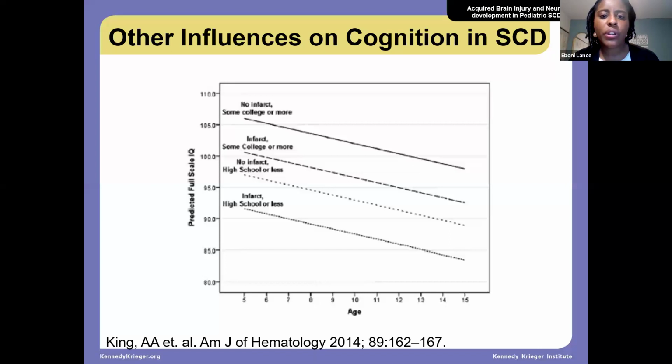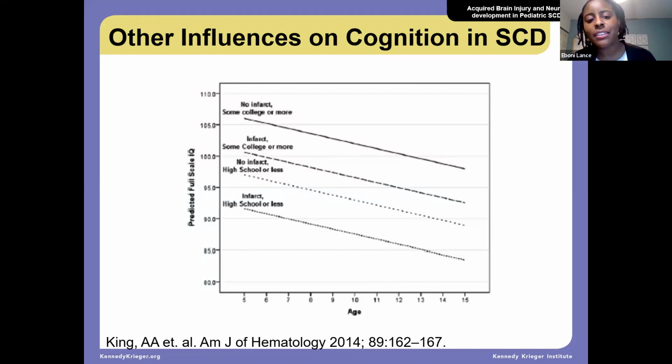And then it's also important to think about other things that influence cognition, not just in sickle cell disease, but in the general population. So this, again, is data from that silent cerebral infarct multi-center clinical trial, where they grouped patients according to their brain injury status, so if they had an infarct or did not, and also grouped them according to their parent education status.